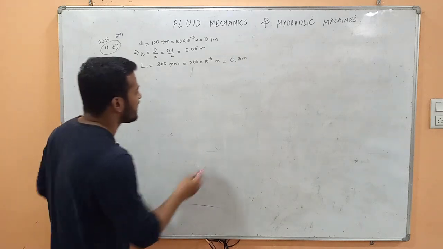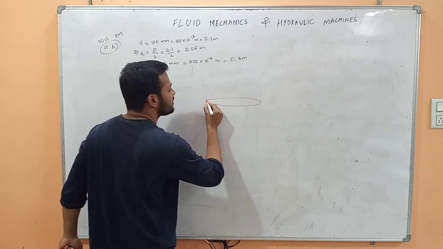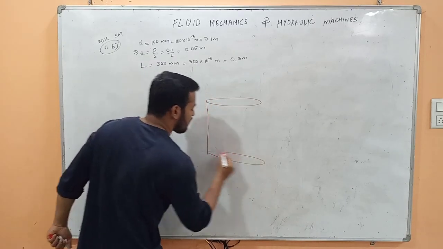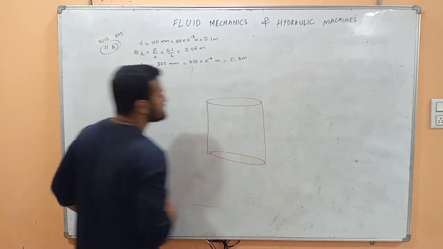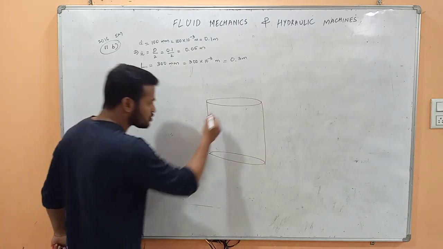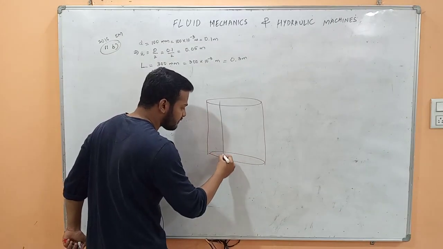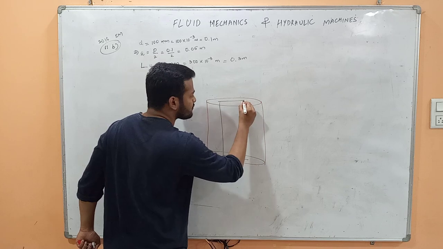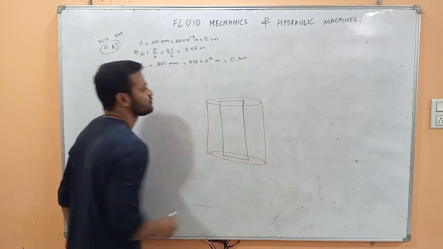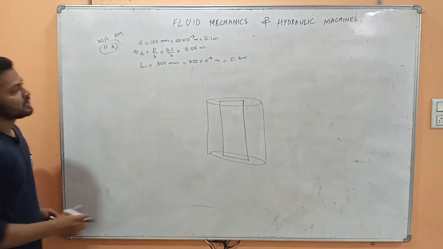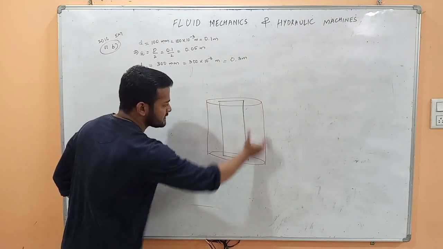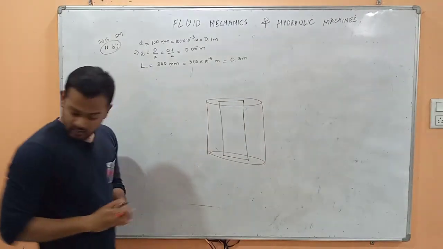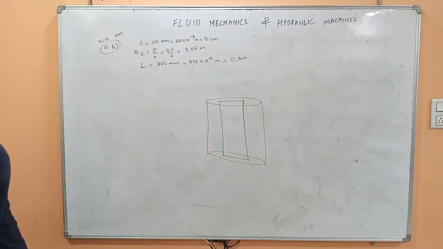So let's say we have one hollow cylinder. Inside this hollow cylinder you have one more cylinder which is rotating inside it. So this cylinder is rotating inside this red cylinder, as per the question.